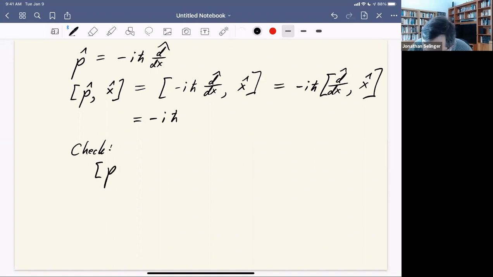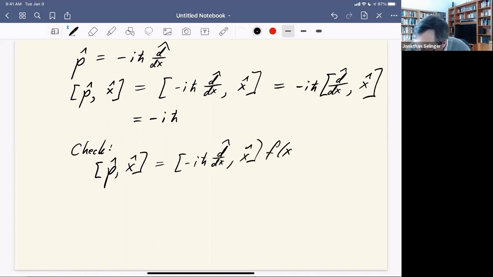You could say the commutator of p and x acting on f of x is negative i h bar d by dx acting on x acting on f of x.